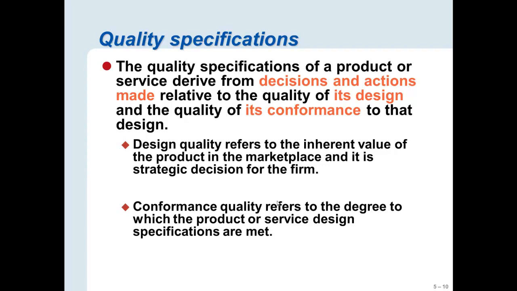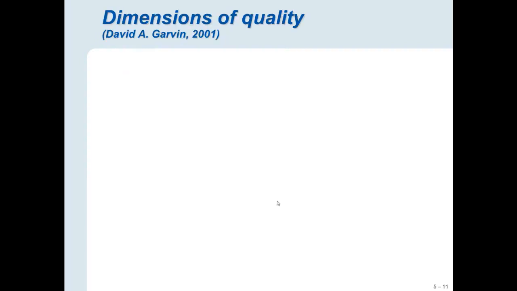One is good quality design. Another is conformance to quality design. Not only must a company pay attention to designing the products, it must also make sure that the design has been carried out carefully to conform to the specification.